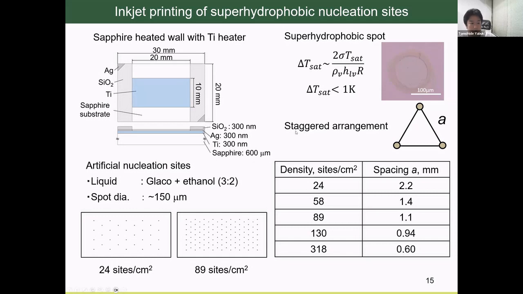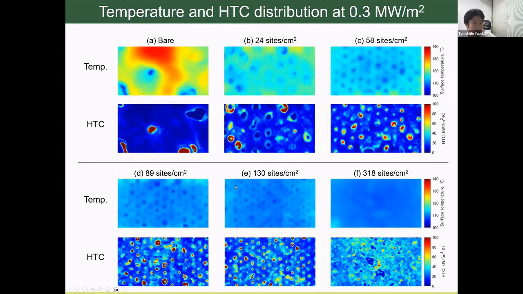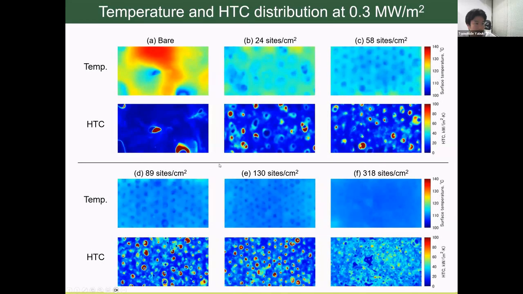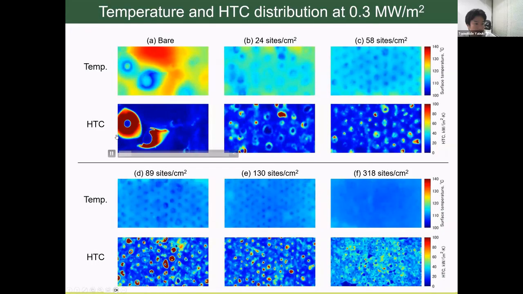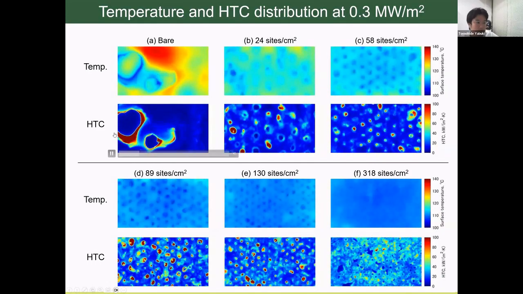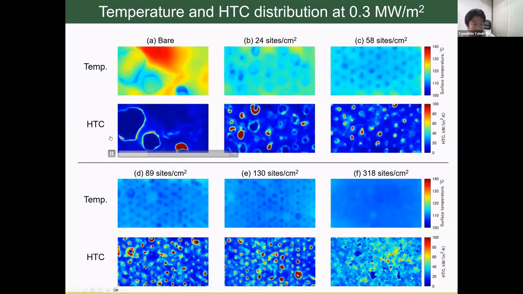But anyway, we employed the staggered arrangement of the nucleation sites, and we tested five kinds of densities, and this shows the corresponding spacing between nucleation sites. And this shows the temperature and heat transfer coefficient distribution at 0.3 megawatt per square meter.